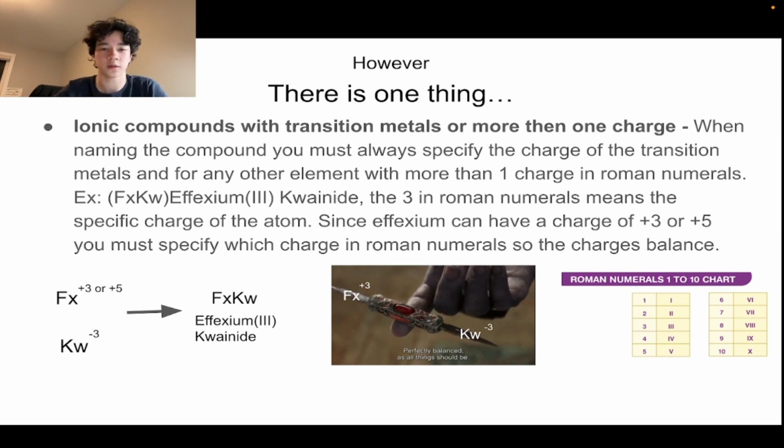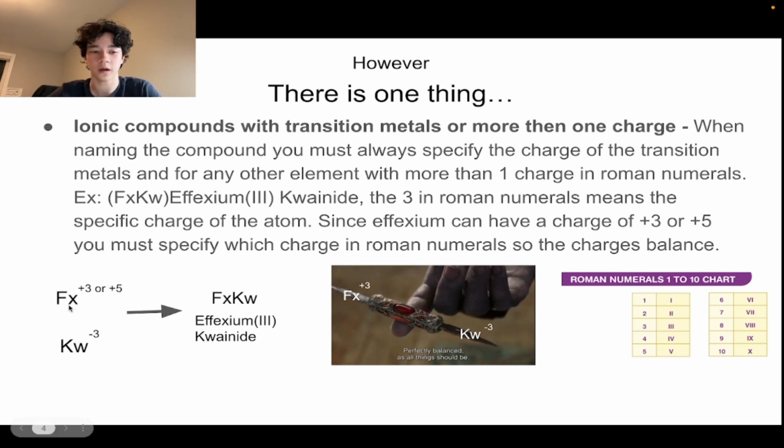So, as I was saying, with the examples in that new periodic table, we have Efexium(III) quinide. The 3 in Roman numerals means the specific charge of the atom. So this is the charge of Efexium. Since Efexium can have a charge of +3 or +5, you must specify which charge in Roman numerals so the charge is balanced.